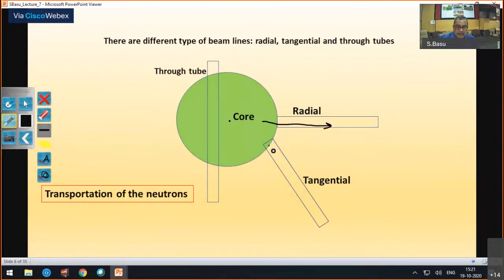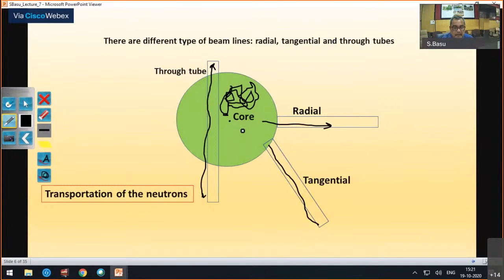There are beam lines which are tangential, and there are beam lines which go across the core. All these have very interesting logic. In a radial beam line, the neutrons inside the core undergo collisions, and every moment their path is changing.